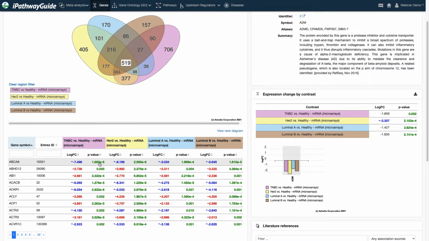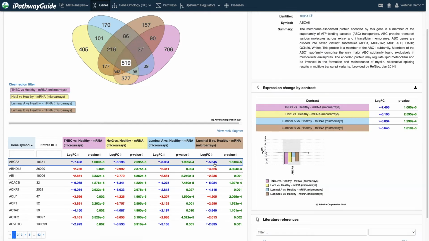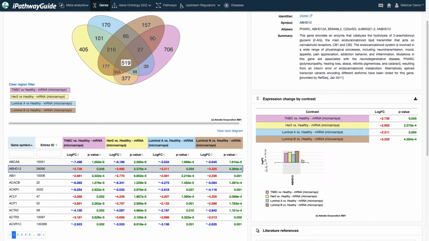And you can also see that the color here of the number corresponds to the fold change. So a blue fold change is negative, meaning that the gene was down in the condition compared to control. And a red number here means upregulation.